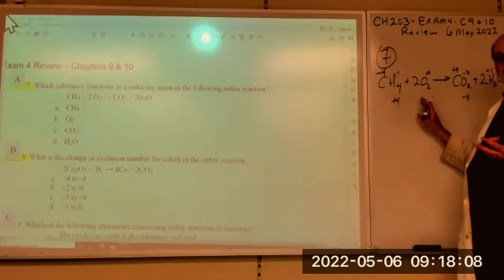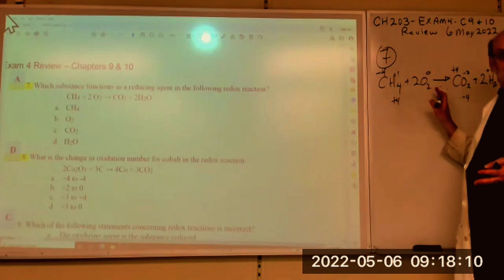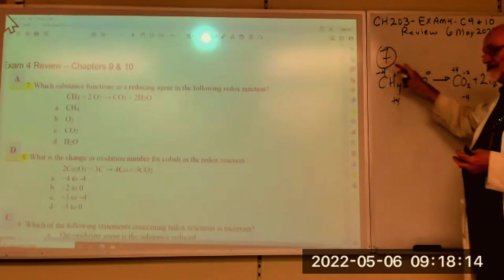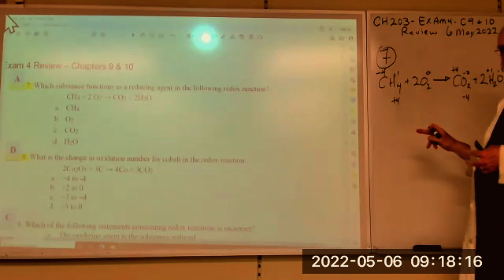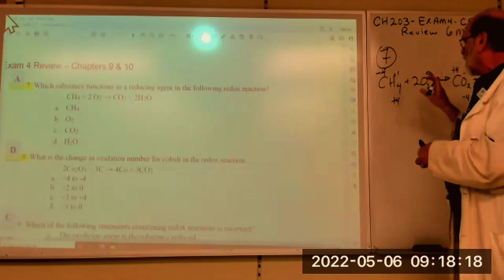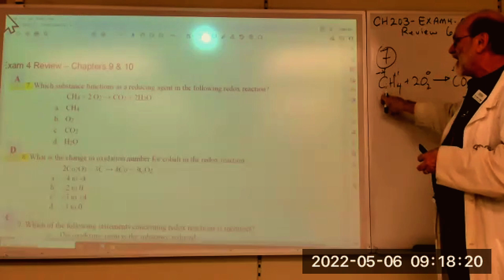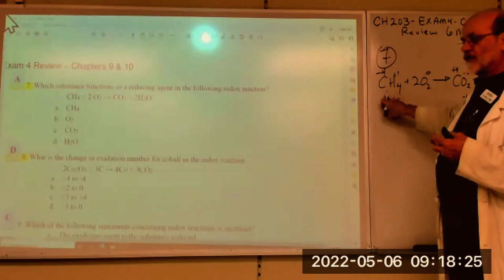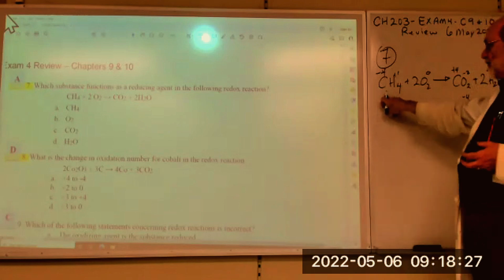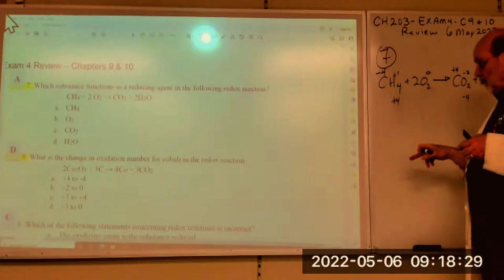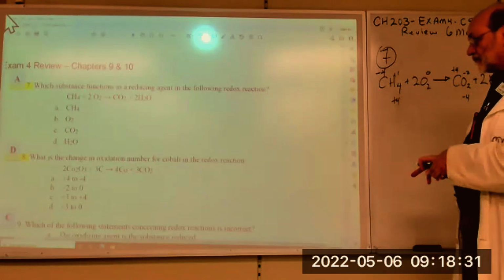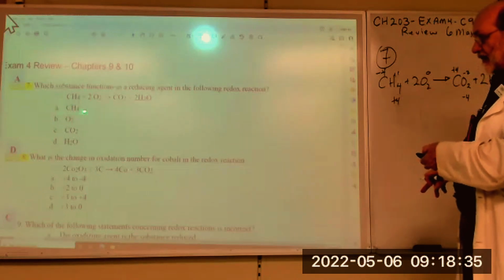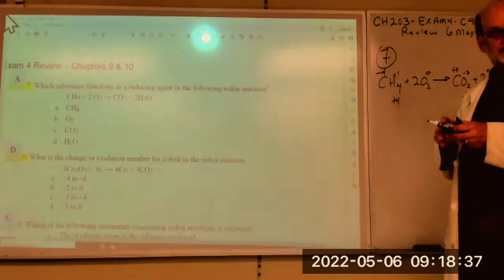But then from 0 to +4, it loses 4 more. So it's 8. Lost 8 electrons to go that route. So if carbon in methane lost 8 electrons, it is the reducing agent. It causes the reduction of oxygen. That's why methane is the answer.